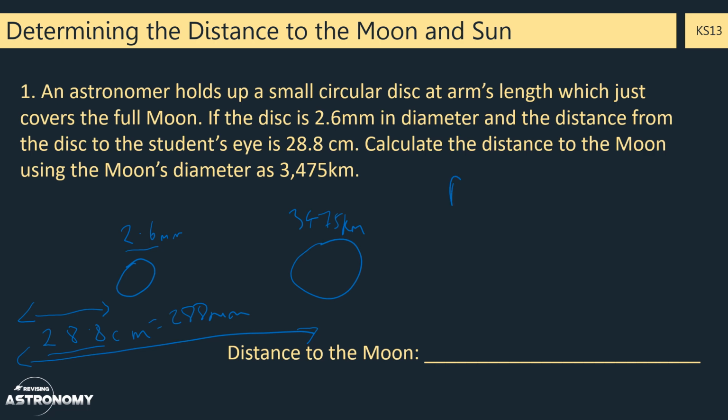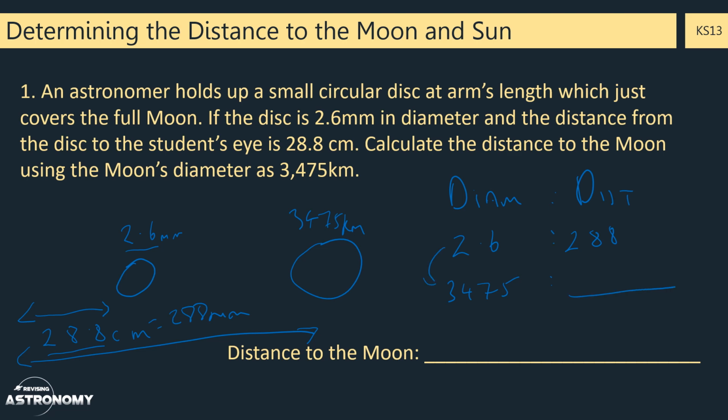So now the ratios between the diameter and the distance are the same. The diameter of the disc was 2.6 millimeters and the distance was 288 millimeters, and that would be exactly the same as the diameter of the moon, 3,475, to the distance.